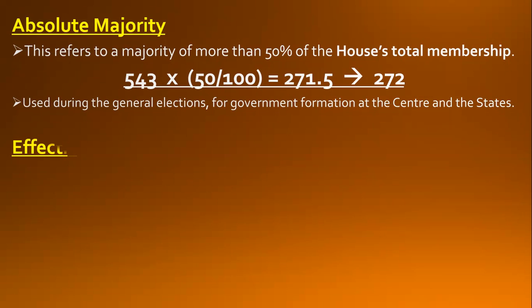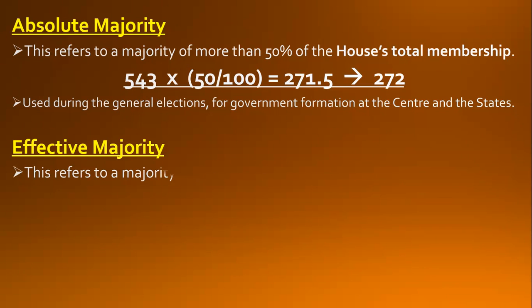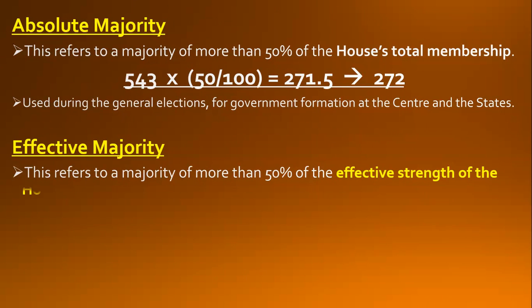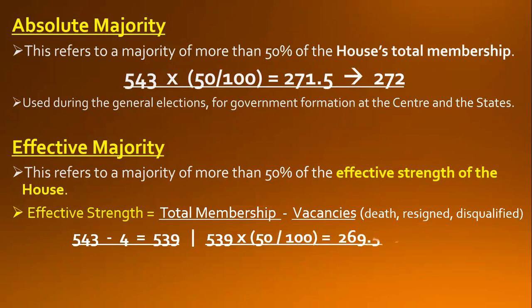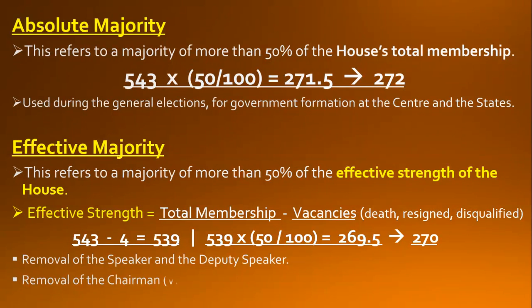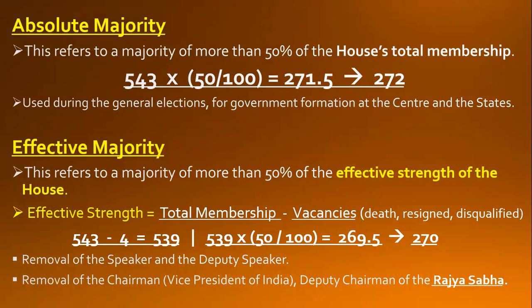Okay. Now friends, what is effective majority? Effective majority refers to a majority of more than 50% of the effective strength of the House. The highlighted words are effective strength of the House.